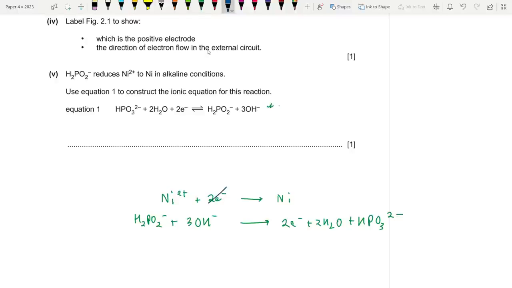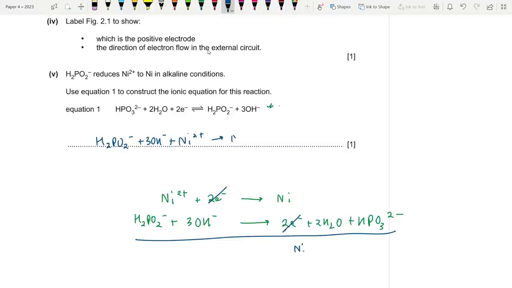So we can get rid of these electrons. It's balanced. So on the left hand side, what do we end up with? We have H2PO2 minus, we have 3OH minus, we have Ni2 plus equals, and on the right hand side we have nickel, 2H2O and HPO3 2 minus.